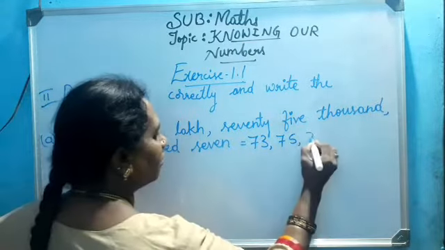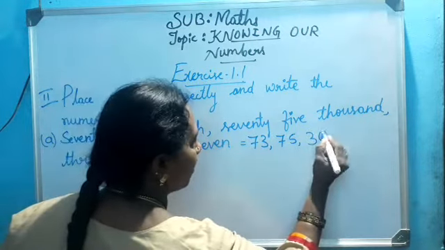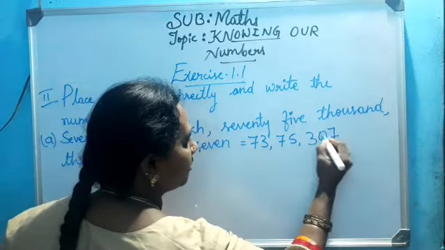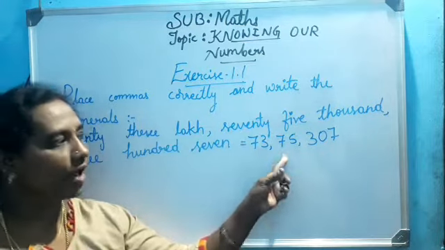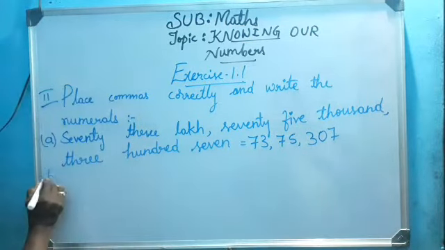Then 300, there is no tens place, so you put the 0 there. Again in the ones place 7. So 73,75,307.